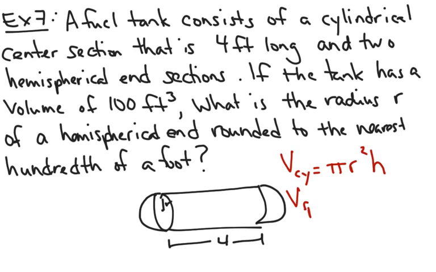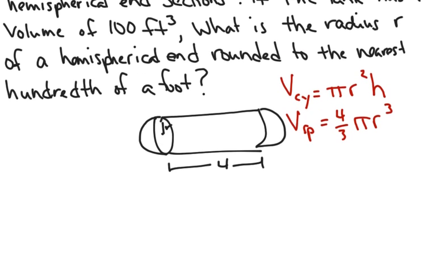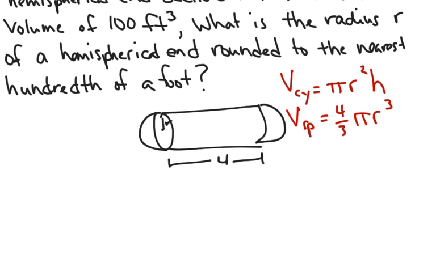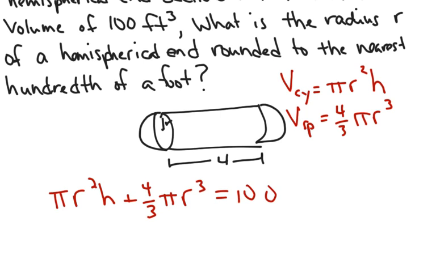And the volume of a sphere is 4/3 pi r cubed. Since I know that the volume of the whole tank is 100, the whole tank together would be the sum of those 2 volumes. And the other thing I know from the cylindrical part is I know h is 4.